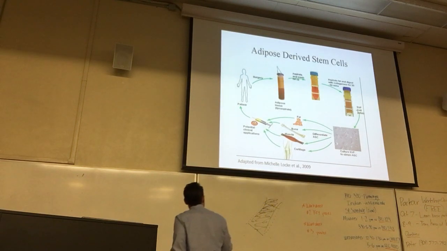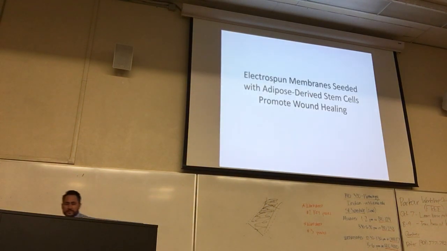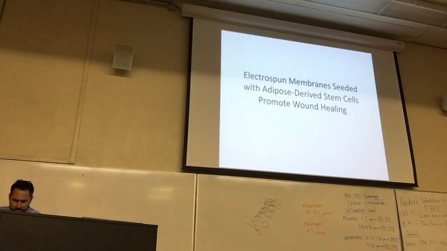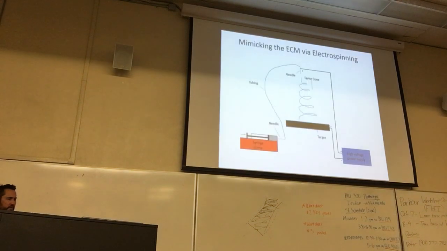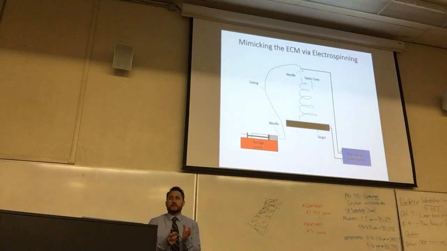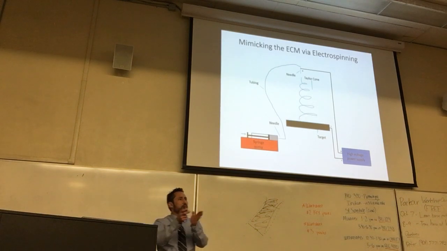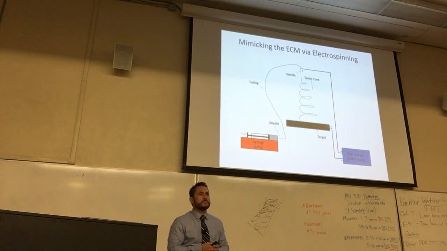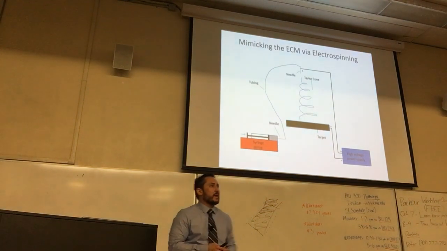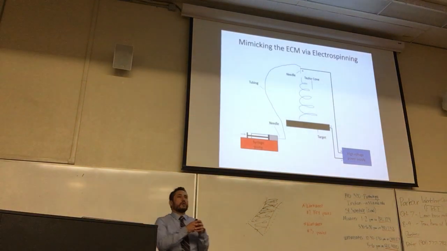So the way that we've used this technology is in a study that was done by a grad student in my lab, and he's now in medical school, but it involves the use of electrospinning. Electrospinning is a way that we take extracellular matrix proteins that are commonly found in the body, for example in the skin, and we subject them to a charge.